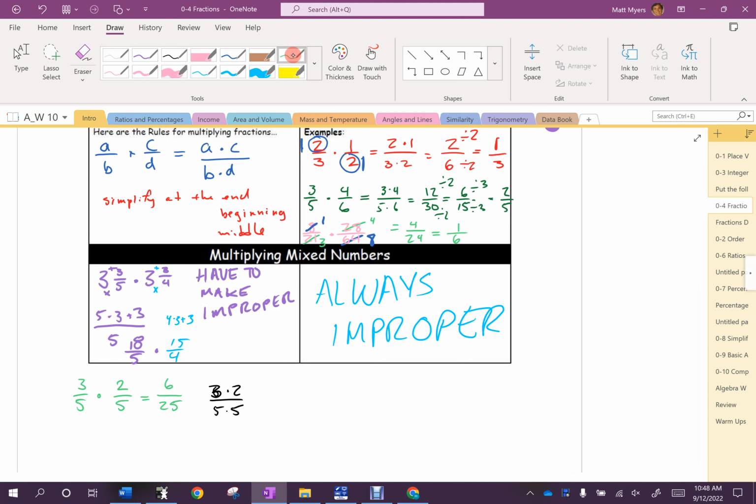Okay. Let's try another one. Again, do this one yourself. 3 sevenths times 2 ninths.